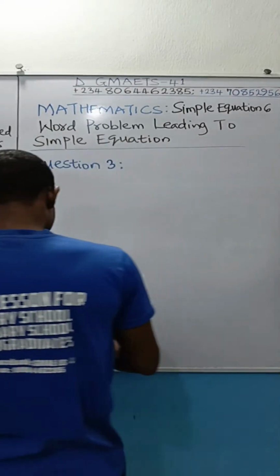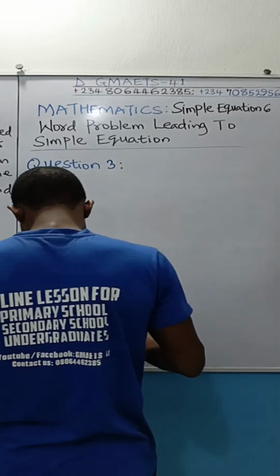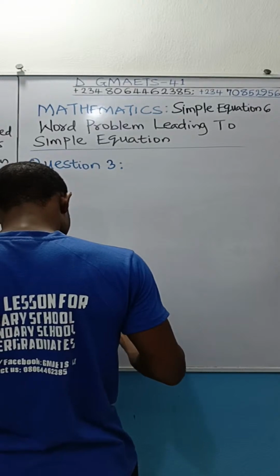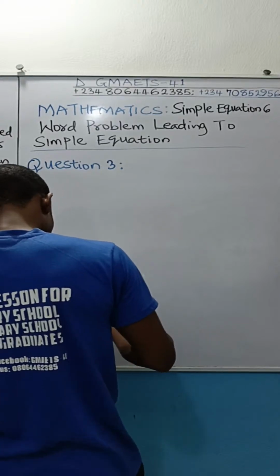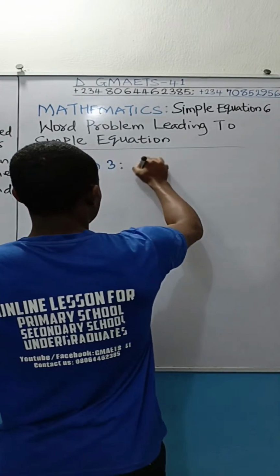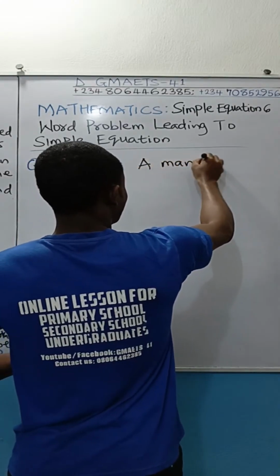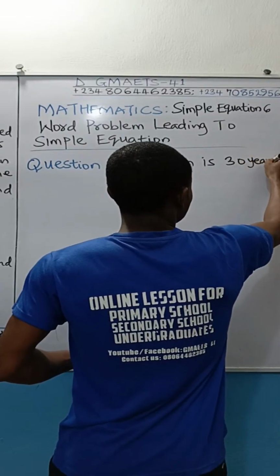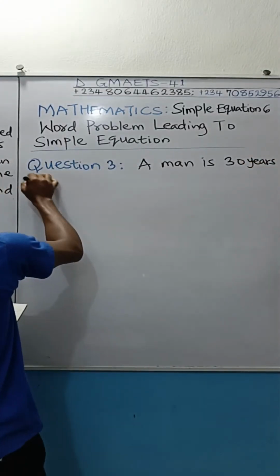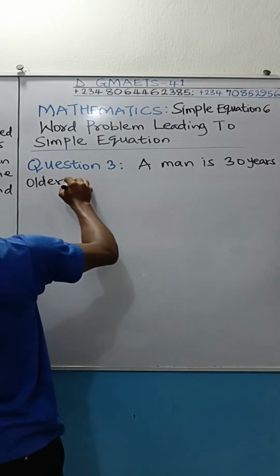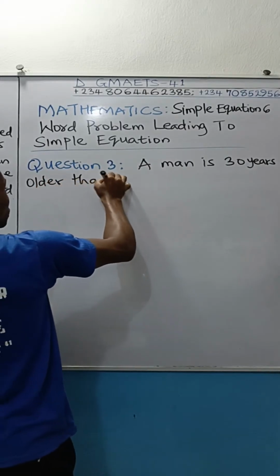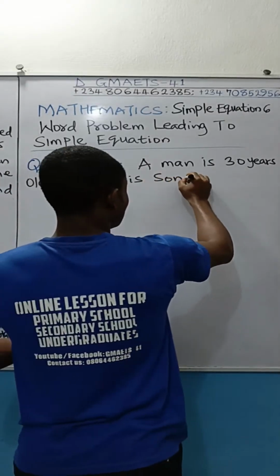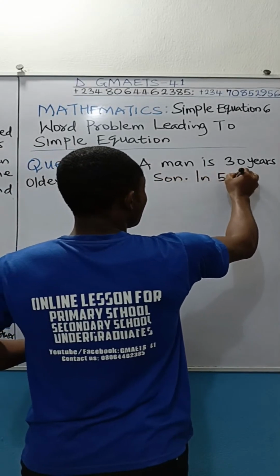All right, question number 3. Let me write it. A man is 30 years older than his son.